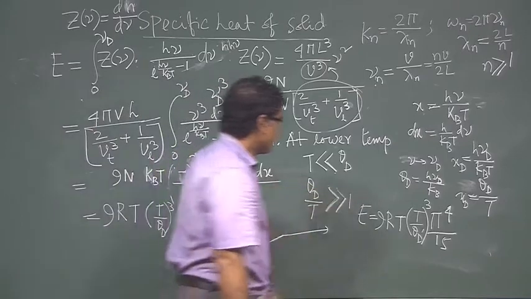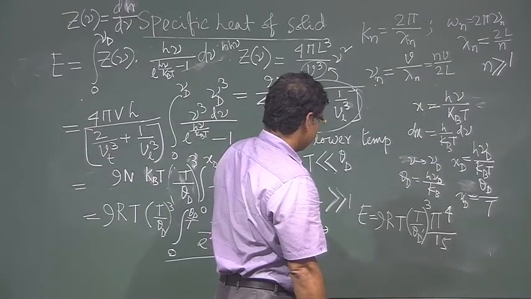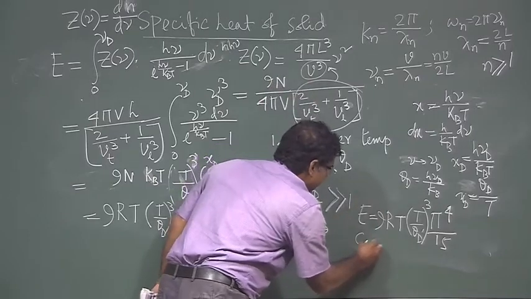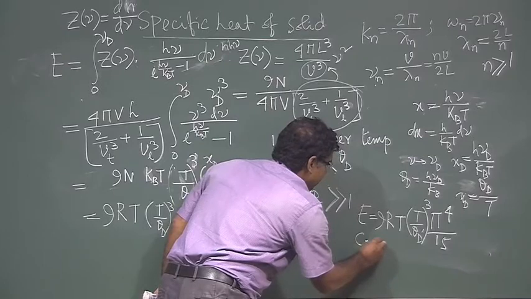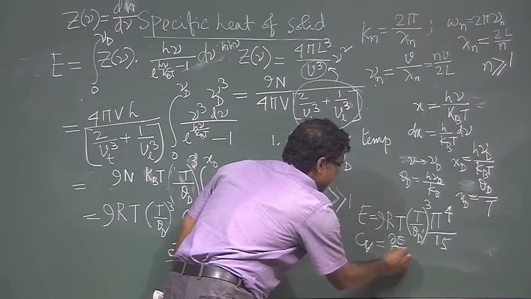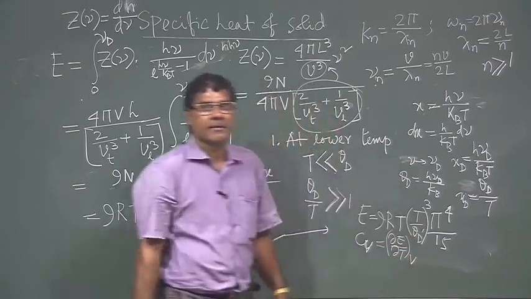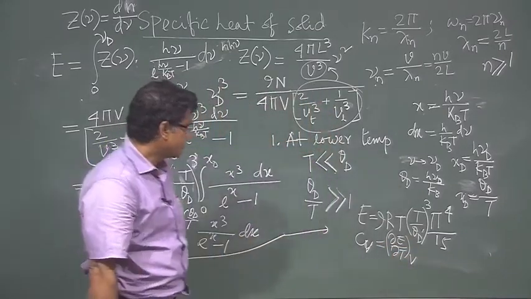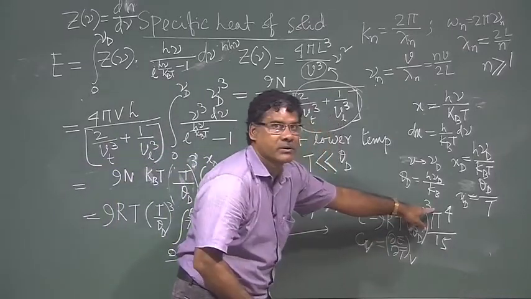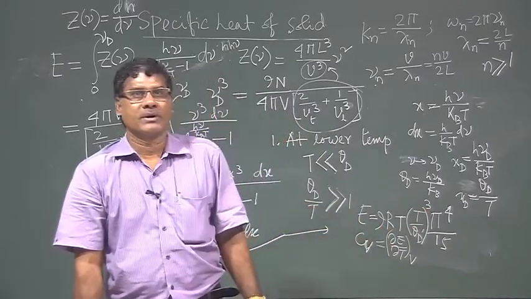Now you can find out the C V equal to del E by del T at constant V. So this basically has T to the power 4. If I differentiate it, it will give me 4 T cube.